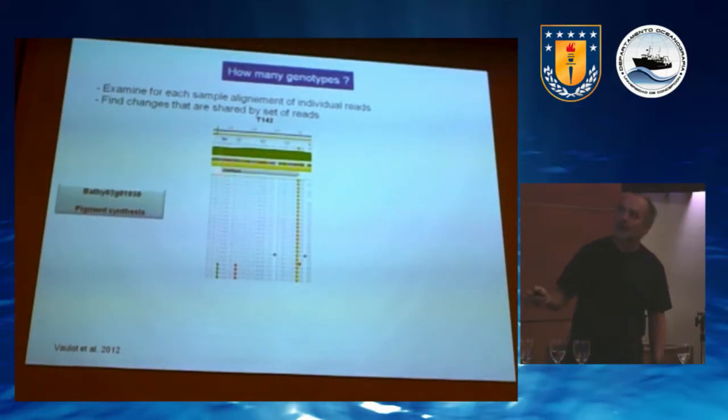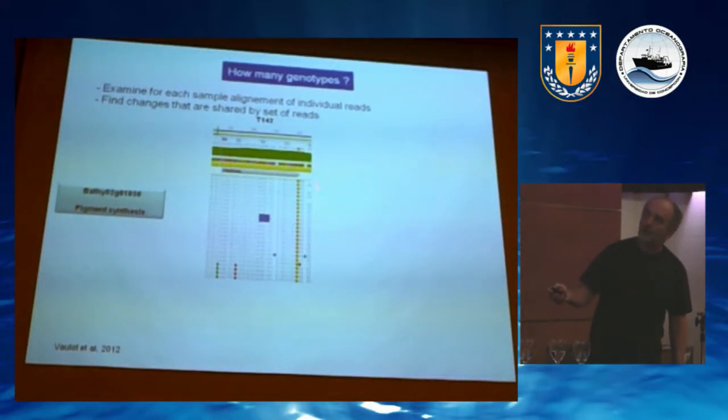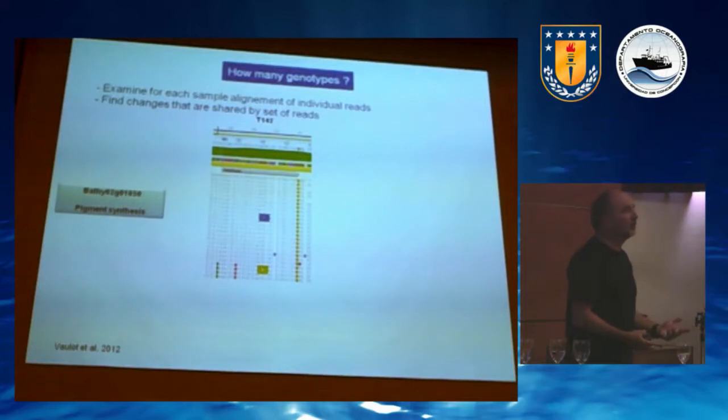And we were aligning them. And what you can see is that you have 2 types of sequence. This is in one sample, okay? One has a single base pair variation with respect to the culture, and one has 3, okay? So in our natural population, we have 2 genotypes of Bathycoccus.